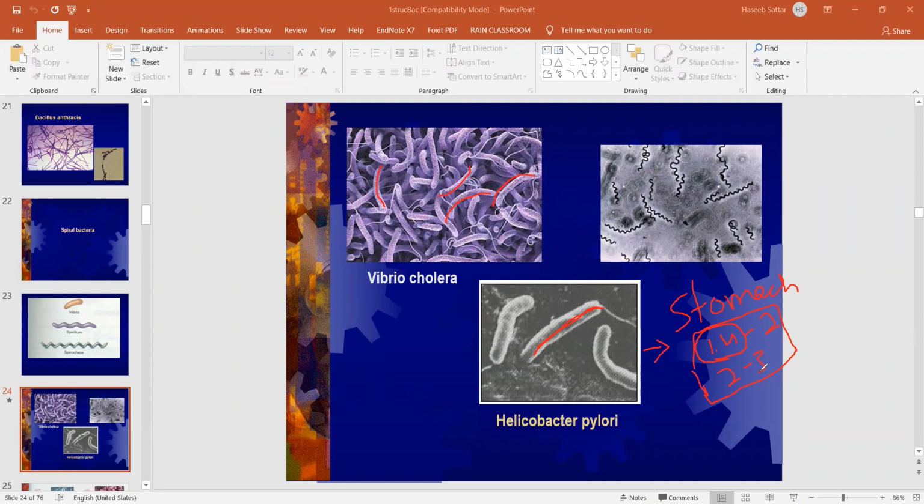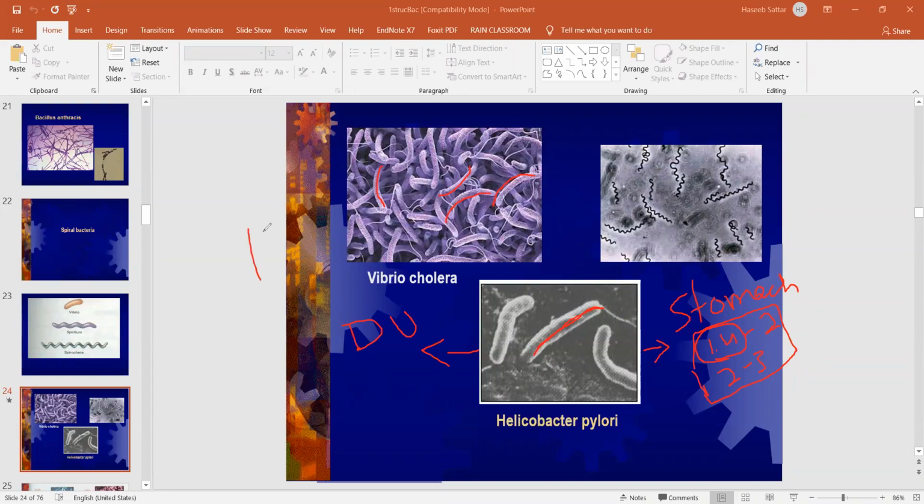Even at this pH, this bacteria can survive, and it causes H. pylori infection, which can lead to duodenal ulcers. There are two kinds of ulcers: stomach ulcers, or gastritis or gastric ulcers, and duodenal ulcers, because H. pylori is present at the bulb of the duodenum, at the start of the duodenum.